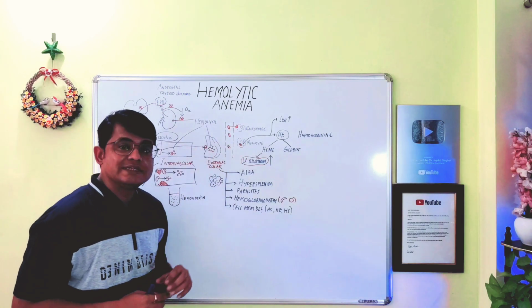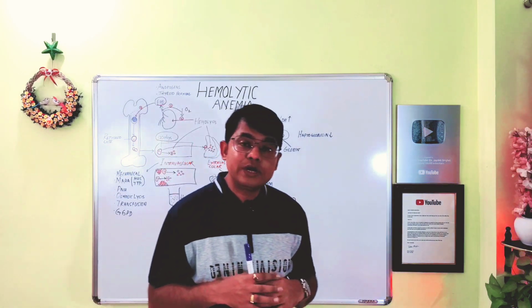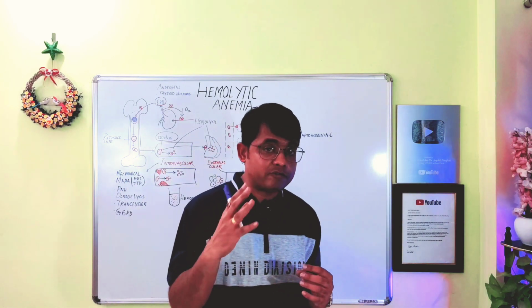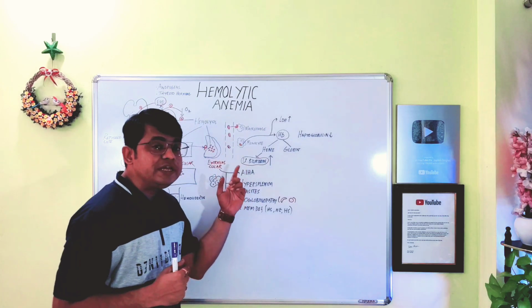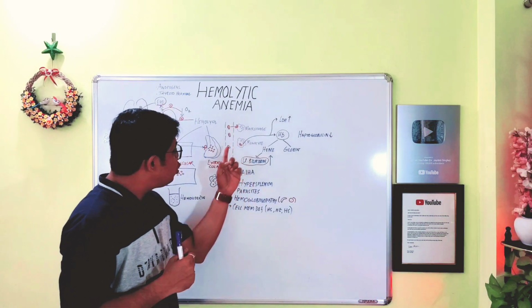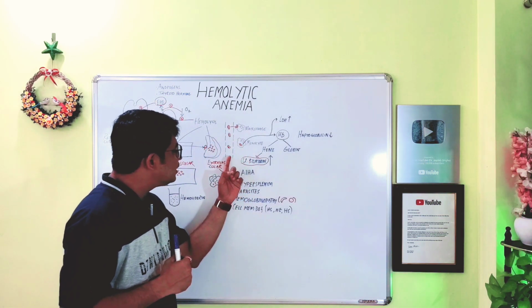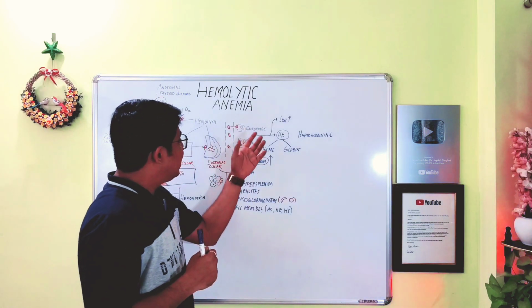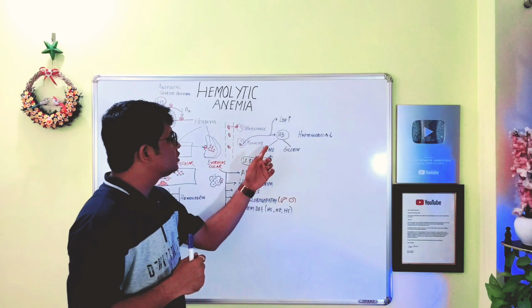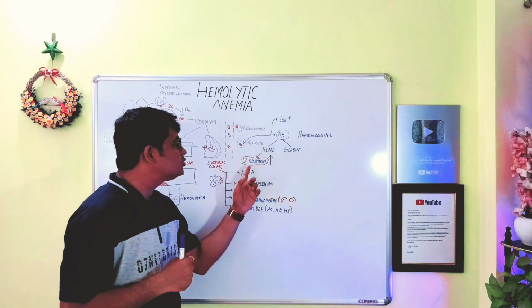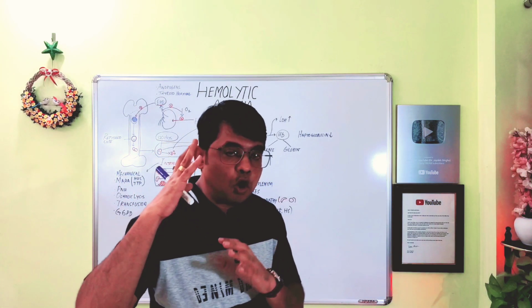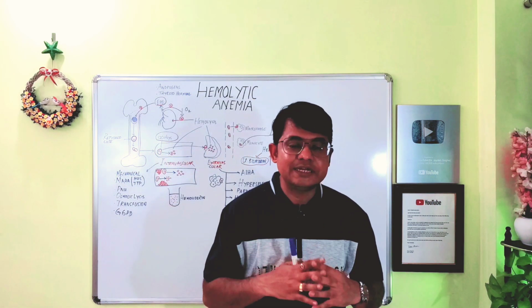So these RBCs which are coated with IgG are easily trapped by the macrophages present in spleen or liver, and those coated RBCs are quite easily destroyed within the macrophages. After destruction, there will be formation of heme and globin. Heme will also form bilirubin, and that will cause jaundice.